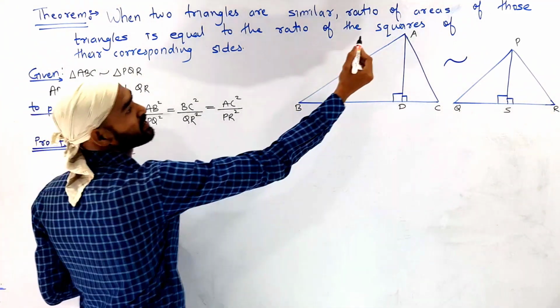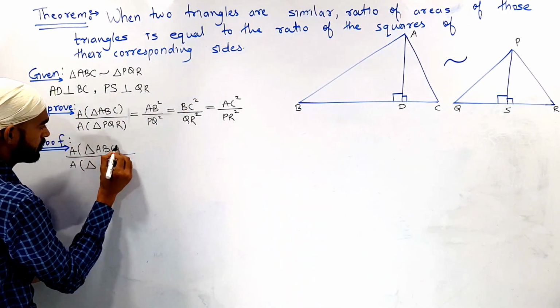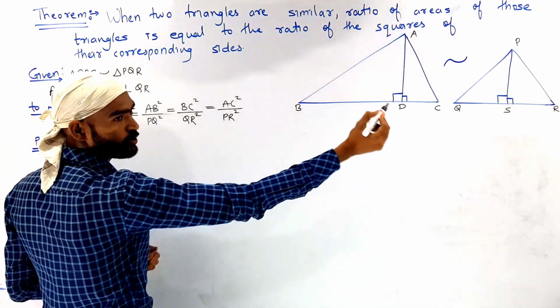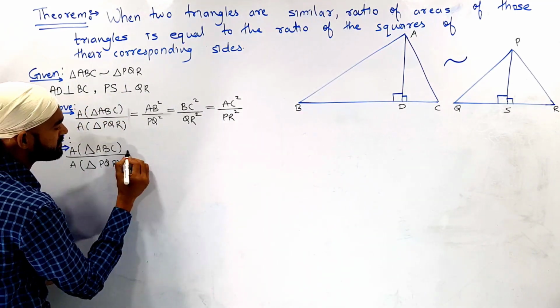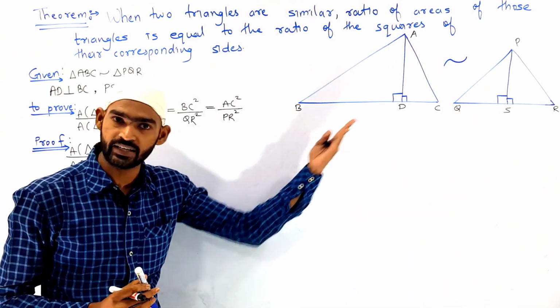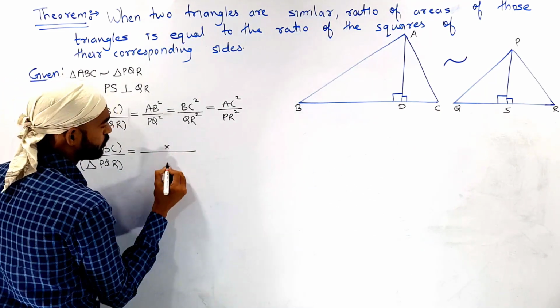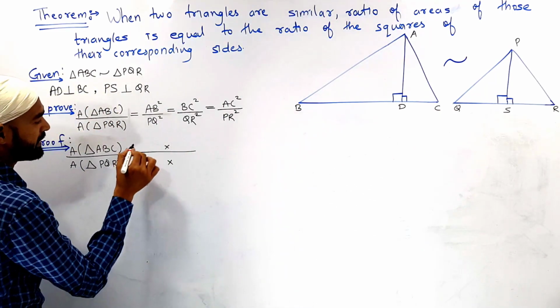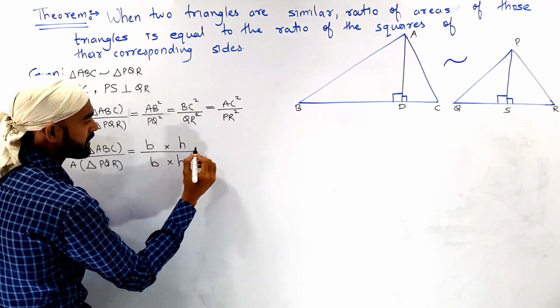The first triangle is ABC, another triangle PQR, is equal to, now what do we know? Both have different base and different height, so we'll write the product of their base and height.